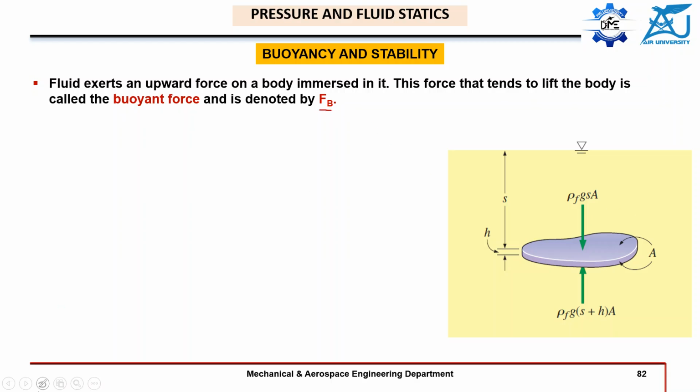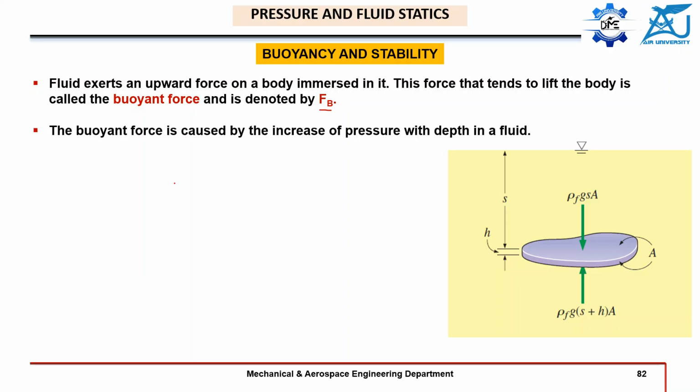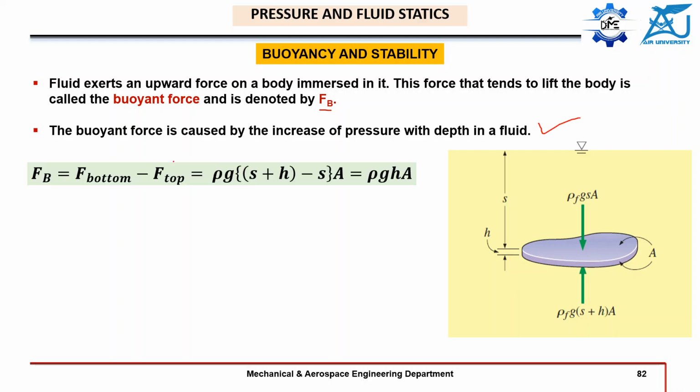The buoyant force is caused by the increase of pressure with depth. So I already told you this point, and how can we formalize it? F buoyant is equal to F bottom, or F2, minus F top, F1.